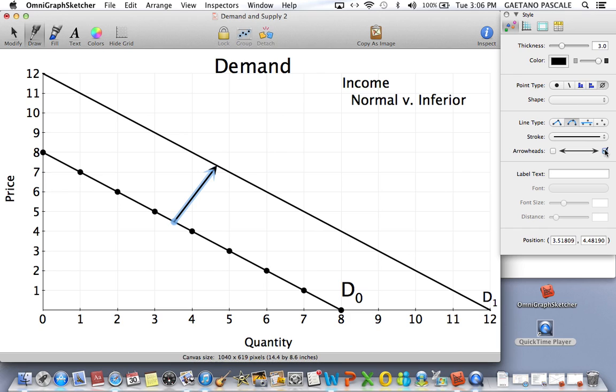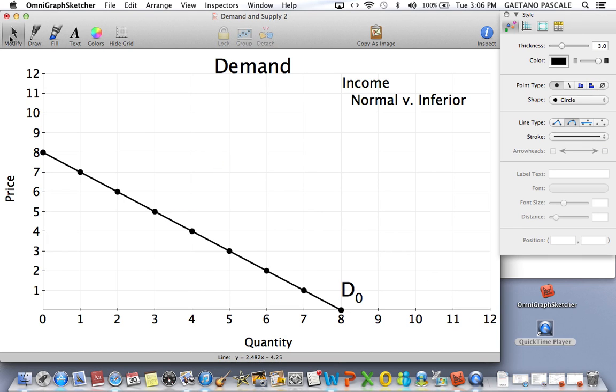If income goes up, demand goes up. If income goes down, demand goes down. So income and demand are positively related for a normal good. An inferior good is the opposite of a normal good. An inferior good is a good where when income goes up, demand actually goes down.